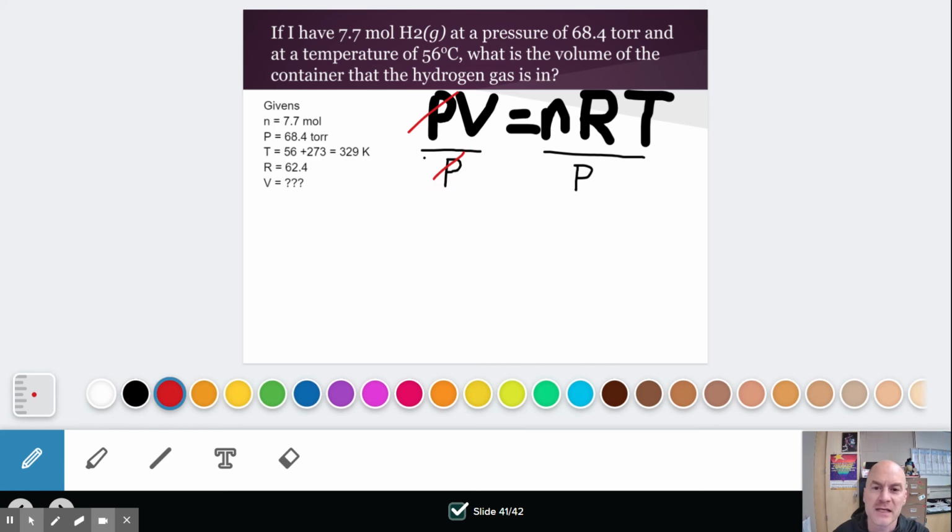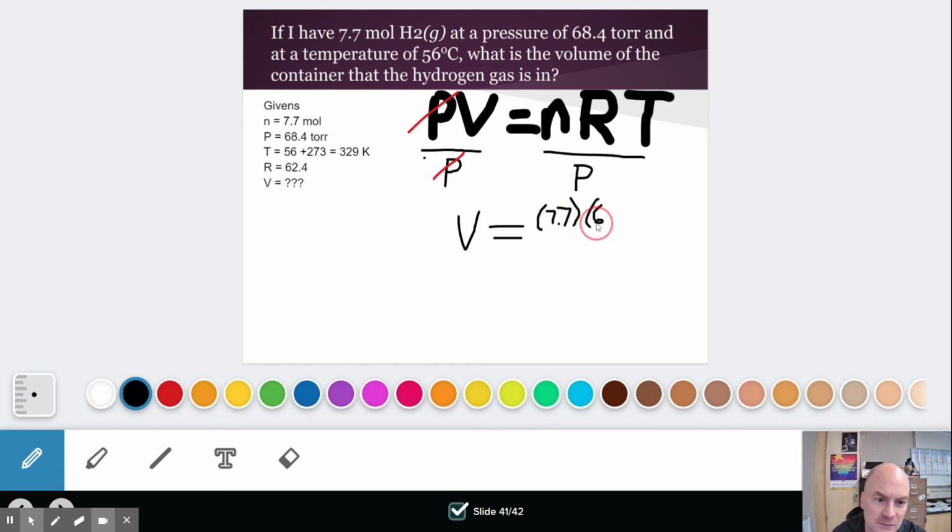But right now I've got V times P. If you don't want to work with symbols and you just prefer working with mostly numbers, then you may want to substitute next. But V times P, so those two are going to cancel there. So I'm left with V equals nRT over P. So now I'll substitute it. n is 7.7.